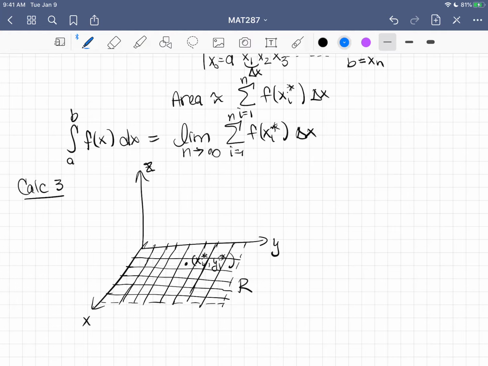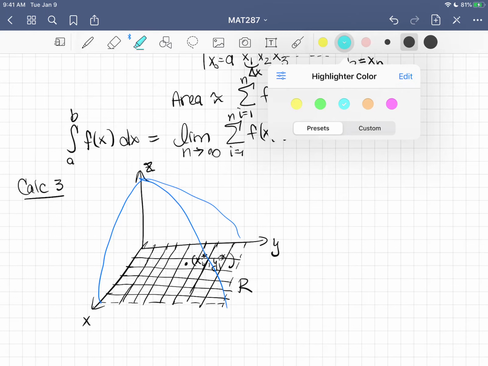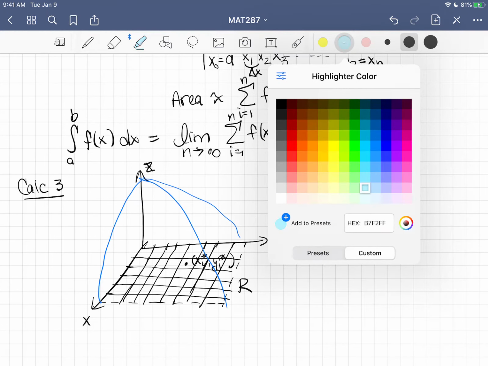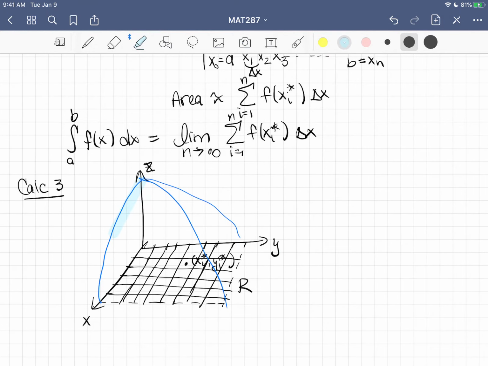So say my surface looks something like this, coming above that region. Let's see if we can make this even lighter. So I've got some surface here over which I'm trying to integrate.